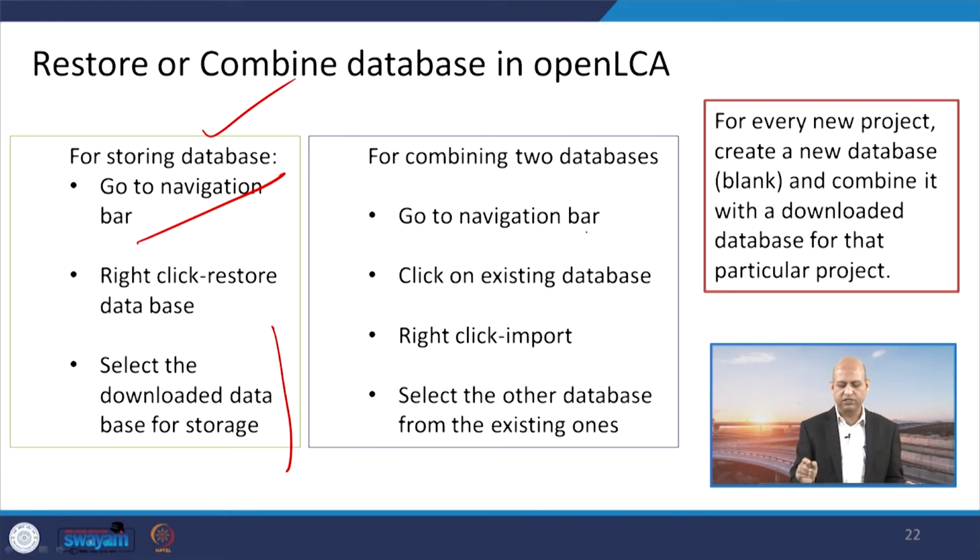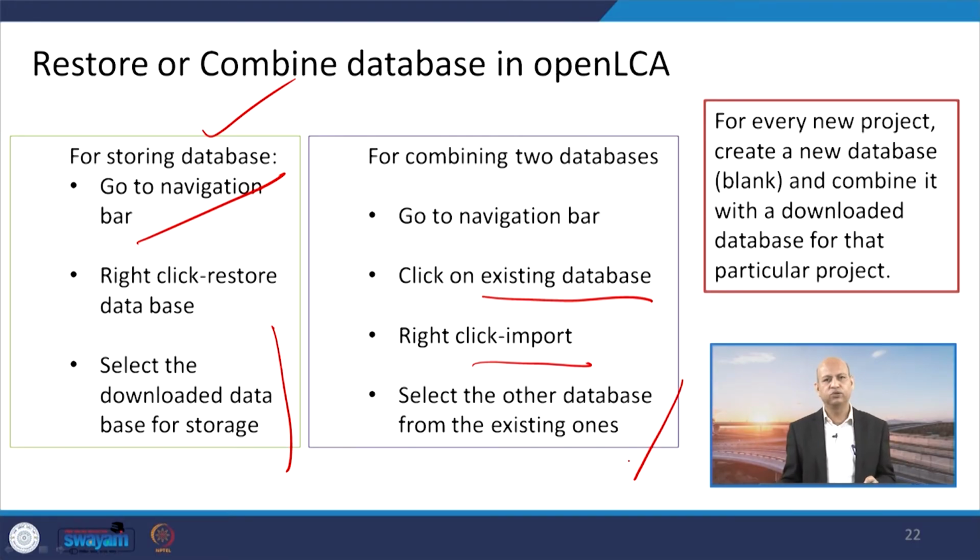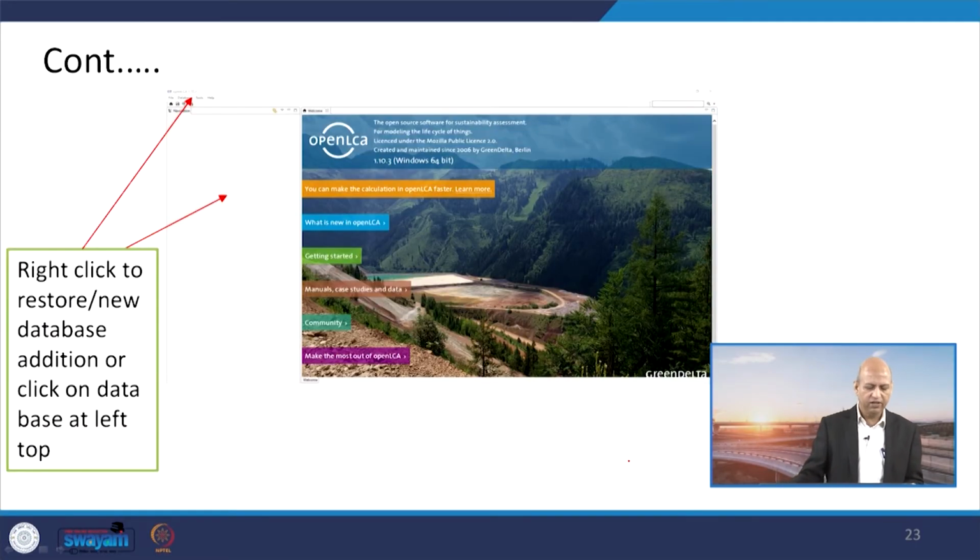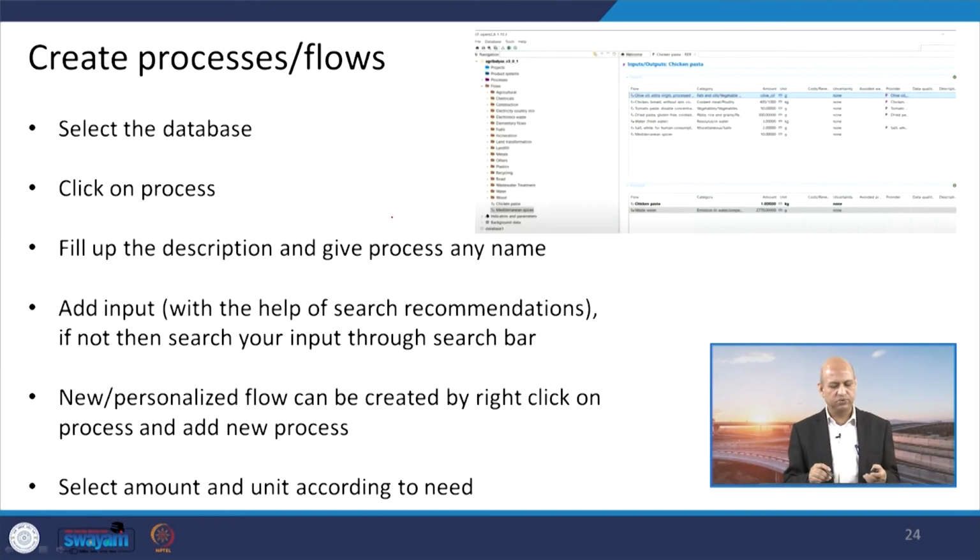Again go to the navigation bar, click on the existing database and right click and import, okay. Those kind of buttons are there. So, you can click on the import and select the other database from the existing one, so that you can combine those databases. Well, then you can see here right click to restore or new database. So, this kind of window is available. From there you have to click the requisite button.